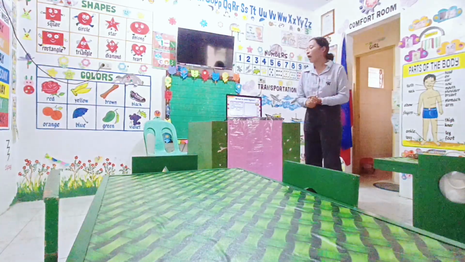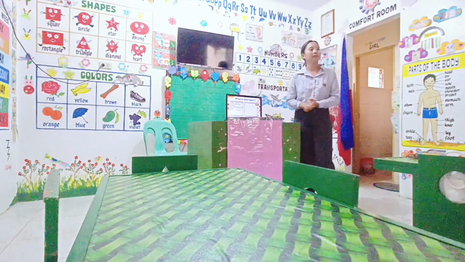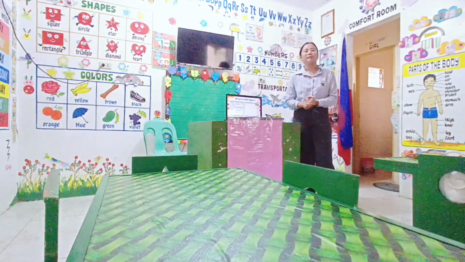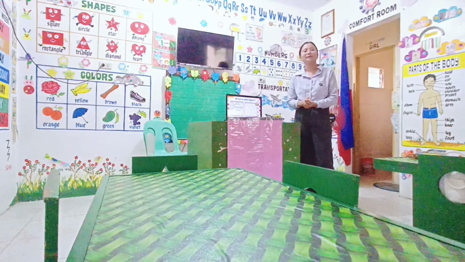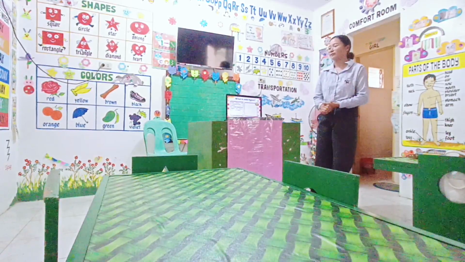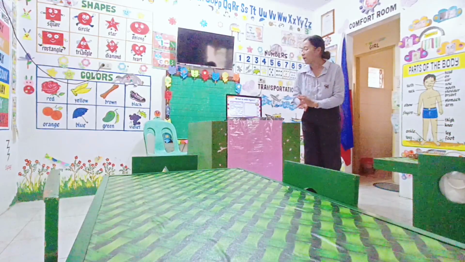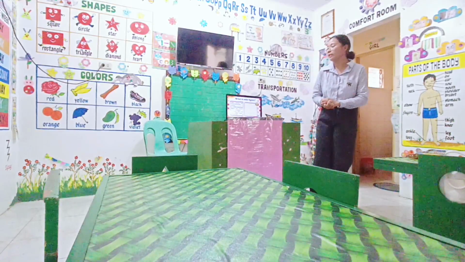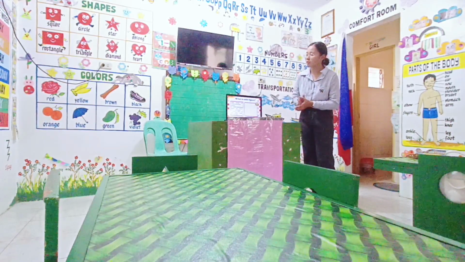Again, class, why are solid figures called three-dimensional objects? Because a three-dimensional object has length, width, and height. Very good. Moreover, they may have bases, edges, and vertices. Later on, we will talk about those three.